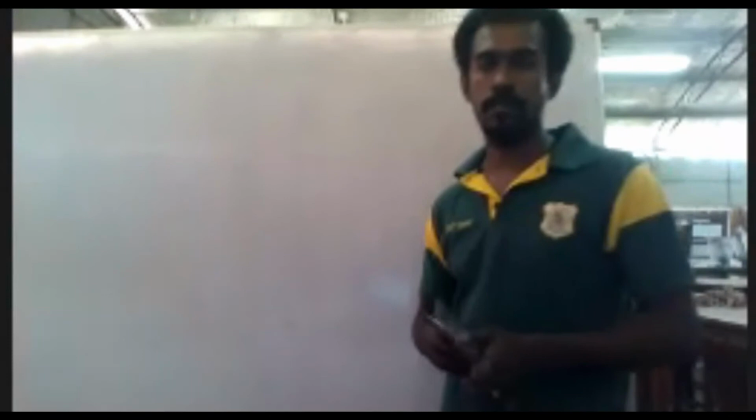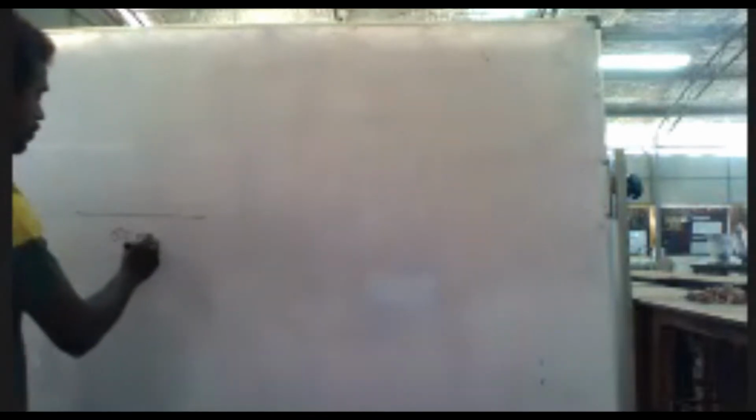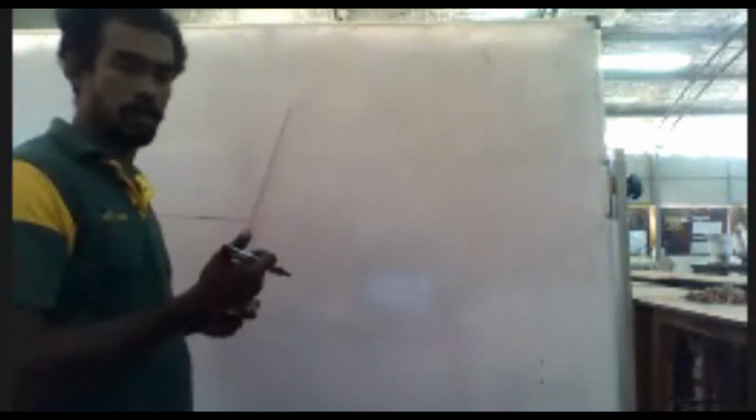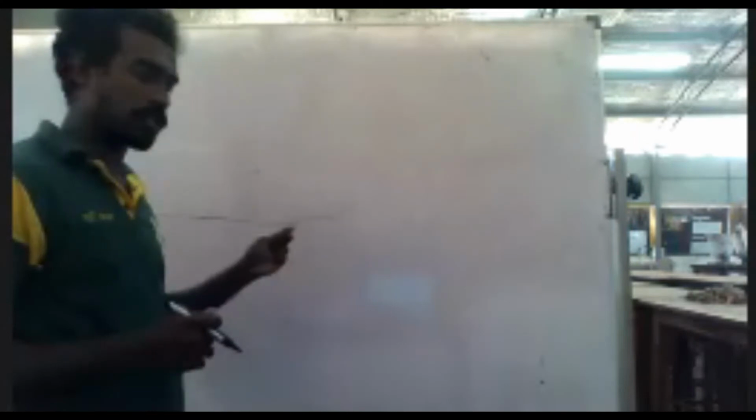According to the question, in a 4-bar chain, AD is fixed and is 150 millimeter long. This should be drawn according to scale, so I have a ruler here. We need to have a scale factor.